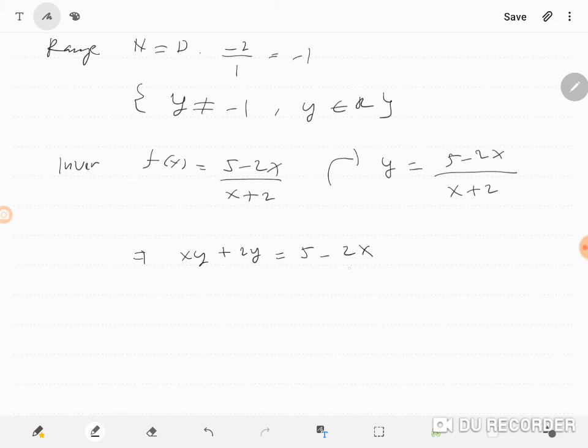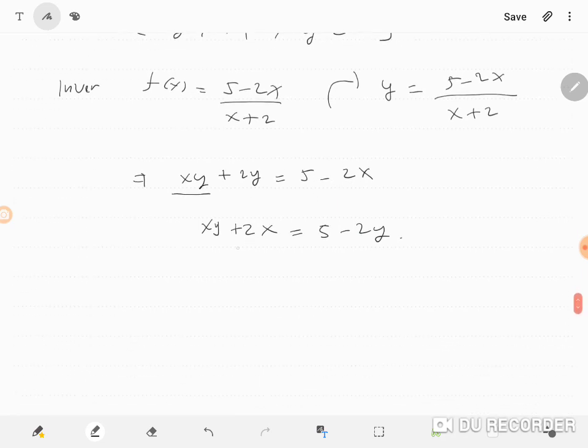And then you group x on one side, so we have xy plus 2x equals 5 minus 2y, because this is positive, you change here, it becomes negative. This is negative 2x, you put it here, it becomes positive 2x.